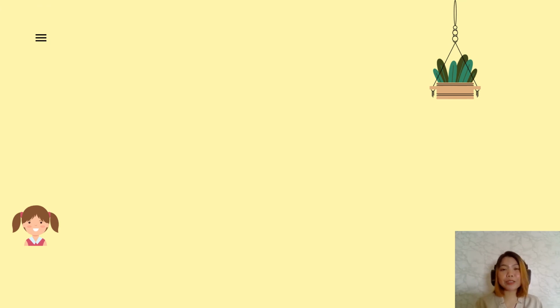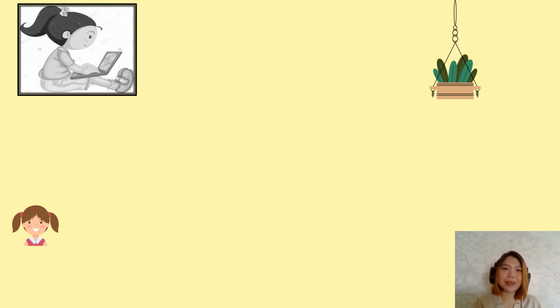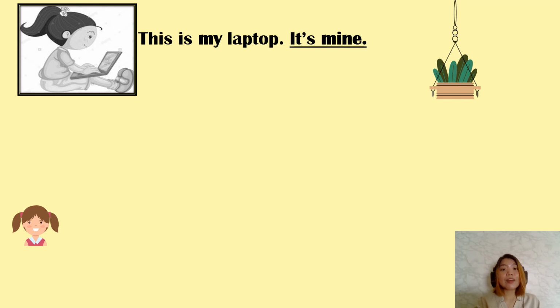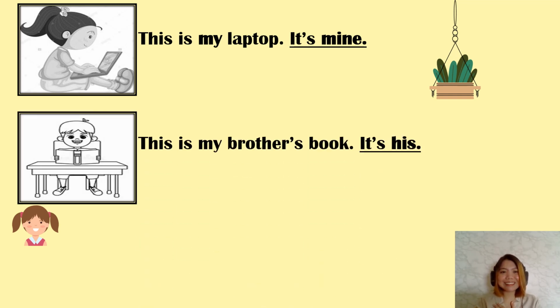Another great way to understand this part of speech is to see them in action. Now here are some basic examples of possessive pronouns used in sentences. This is my laptop. It's mine. This is my brother's book.